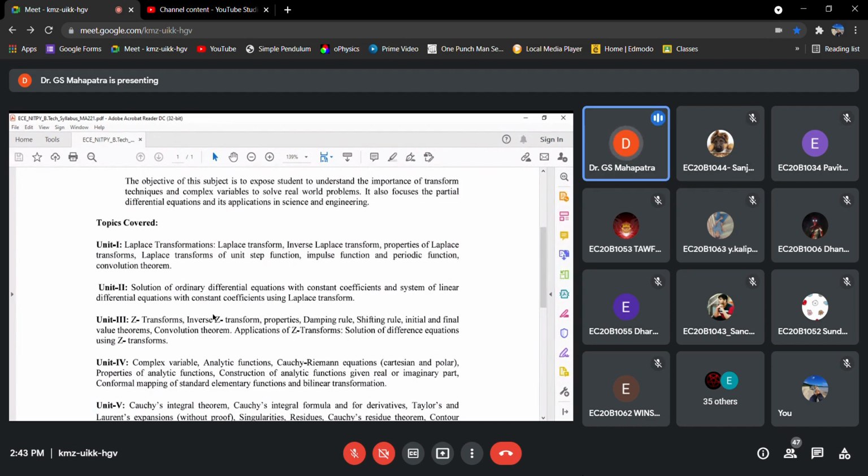Unit 2 is the applications to ordinary differential equations. Why do you have to study unit 2? You already know how to solve ordinary differential equations, ODE. I think you studied the solution procedure in 12th standard itself. Then why solve the ordinary differential equation using transformation?